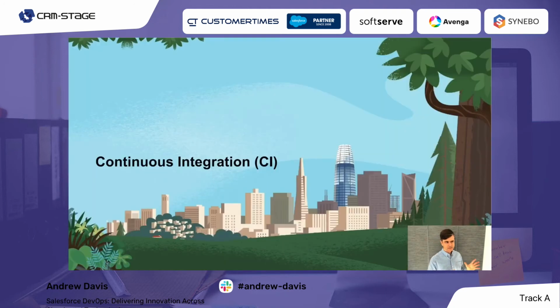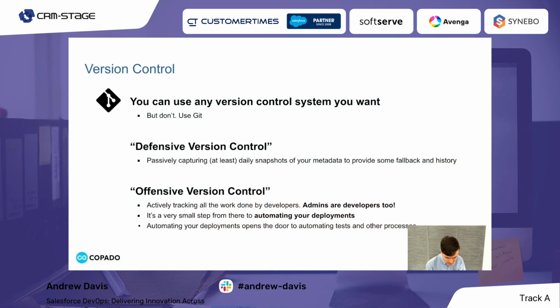Now I want to get into the things that most people think about as DevOps, right? It's not what you're building, it's how you're building it, how you're deploying it, and how you're testing it. It's all of the hows related to development as opposed to the what. So, continuous integration. I want to start first of all with the topic of version control.